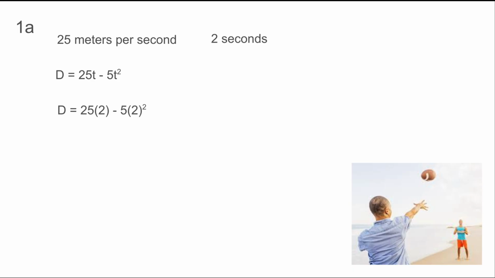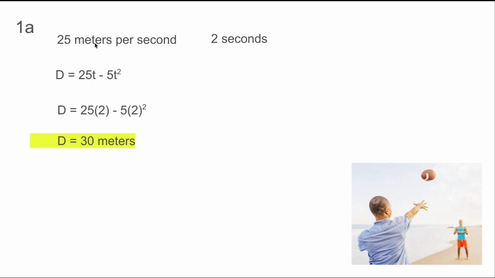So that's times 2 seconds. If we calculate this out on our calculator, it would travel 30 meters. And the reason I would know that it's meters is because I went up here and it said 25 meters per second. So we know seconds.